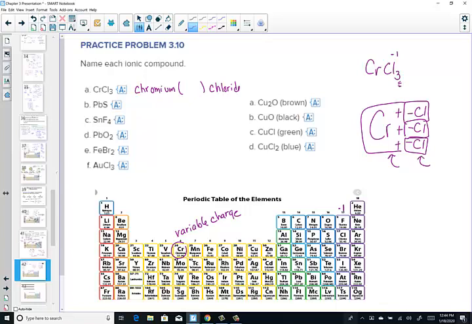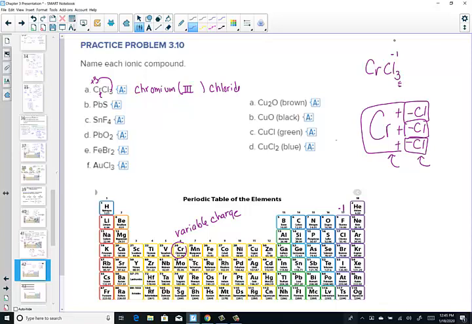So what is the chromium charge? It's 3. Remember, this subscript is not the purpose of the Roman numeral. It's not how many you have, but it's the charge that you carry. Chromium must have been a +3 to neutralize chloride's -1. That's called chromium 3 chloride.